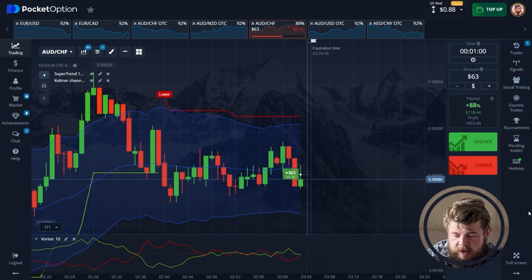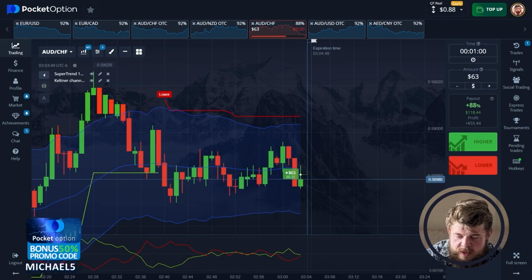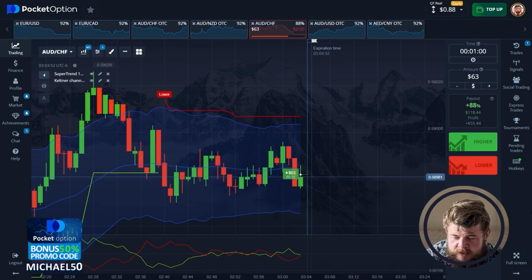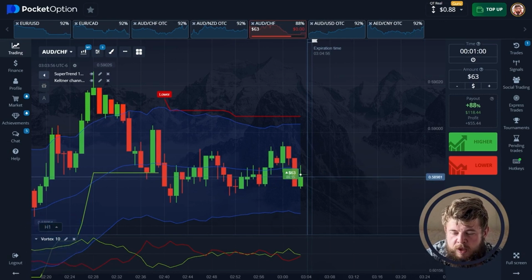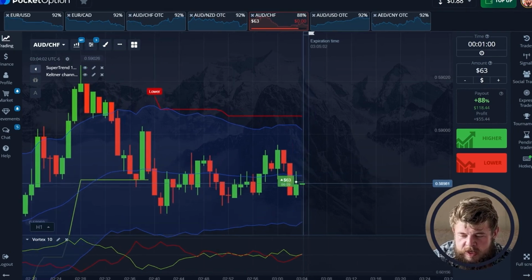So we missed a very good entry point. Yes, we opened position. This decision was right, but we missed a nice entry point. Our current entry point is not so good at all, but direction is right. Direction is right. Entry point is not good.